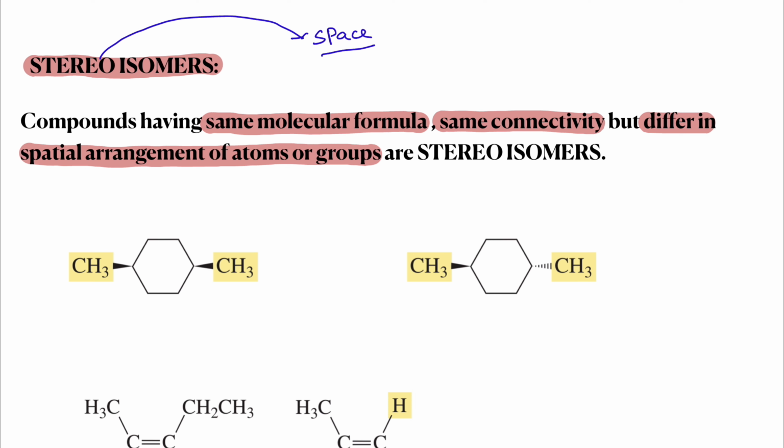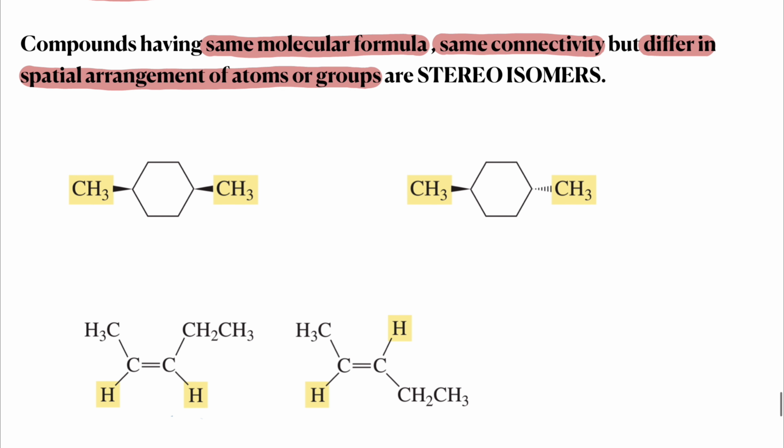Whenever you say isomers, they have the same molecular formula. Here not only is the molecular formula the same, the structural formula is also the same, but they differ in the arrangement of atoms or groups in space.